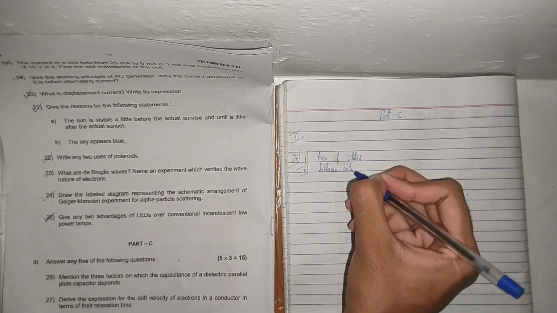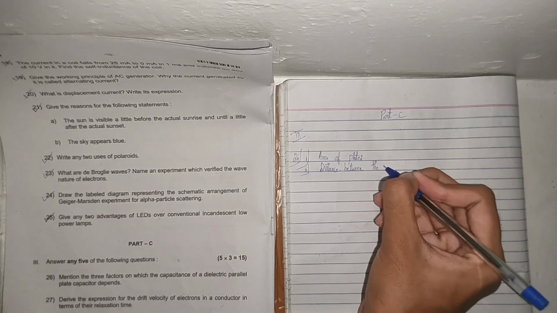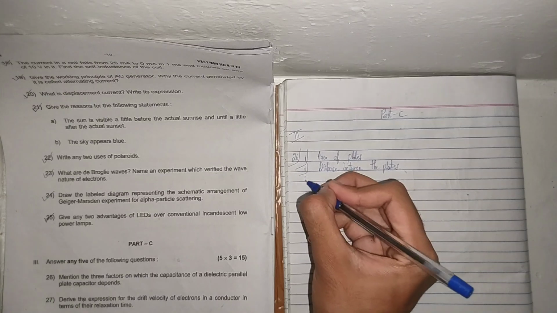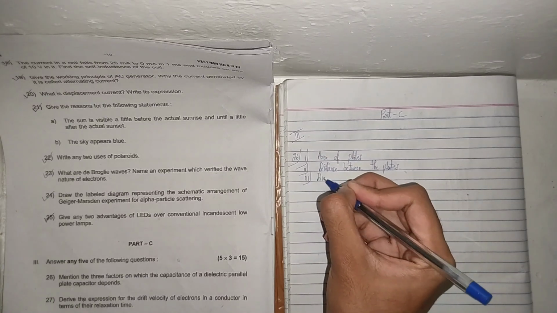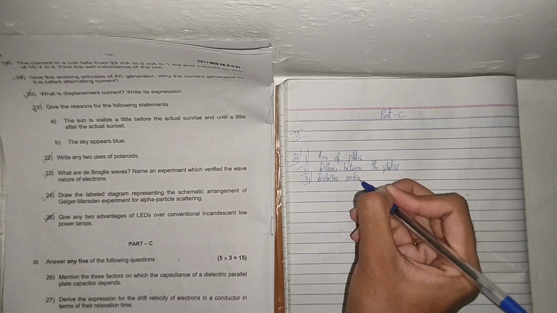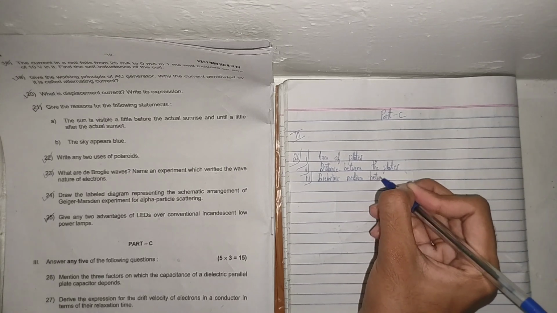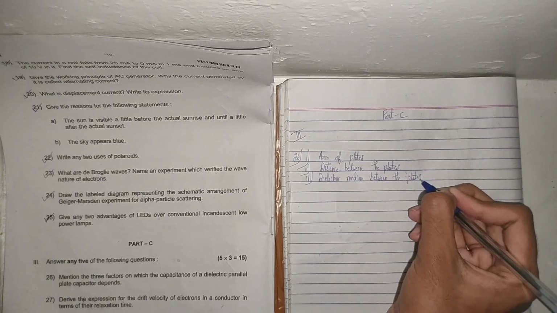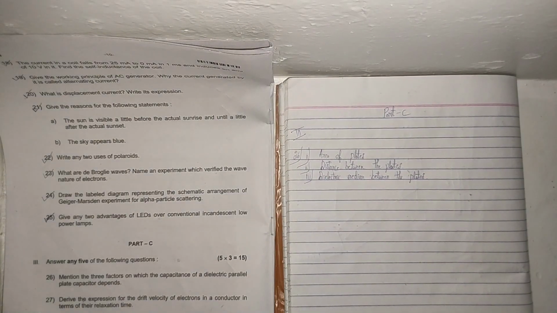And the third factor is the dielectric medium between the plates. So on these factors, the capacitance of a dielectric parallel plate capacitor depends. So question number 26 is done. Now next, question number 27.